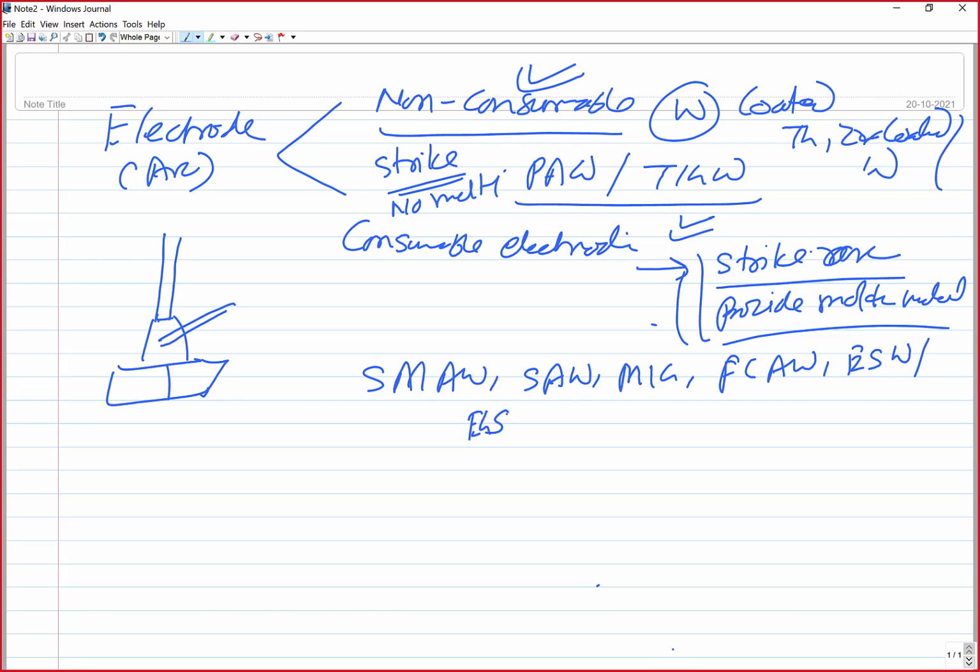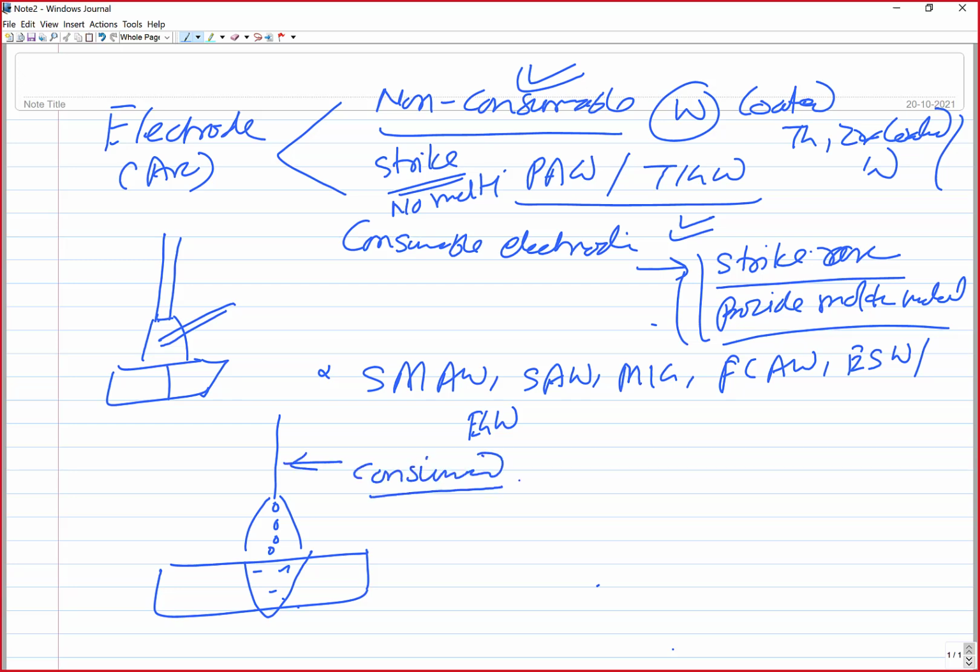In all these processes, the arc is struck between the electrode and the workpiece. The wire will be melting, providing the molten metal to develop the weld joint. Since the electrode is consumed, it has to be replaced.